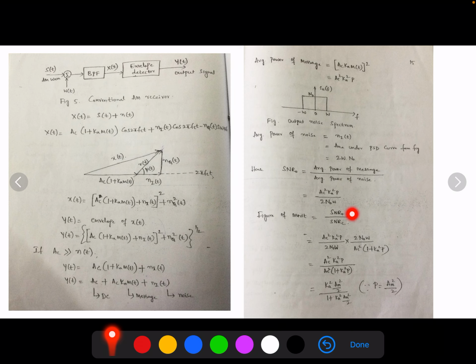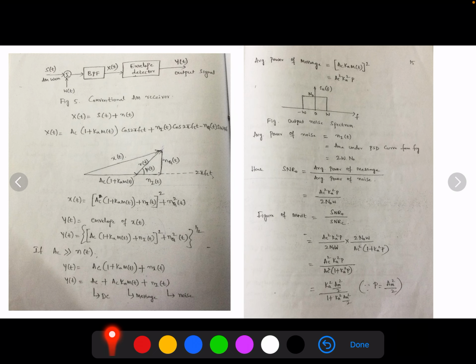This SNRO is valid only if the following two conditions are satisfied. The first condition is that the average noise power is small compared to the average carrier power at the envelope detector input. The second condition is that the amplitude sensitivity Ka is adjusted for a percentage modulation less than or equal to 100%.